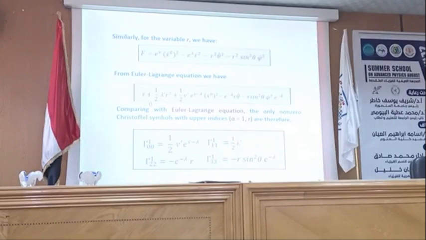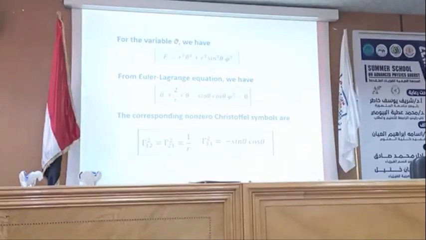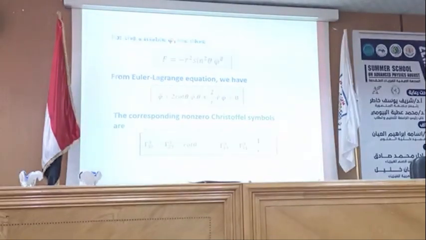Okay. So this is the way how I identify the Christoffel symbols. I can do the same for the theta, and I get this equation. Again, I compare this with the Lagrange equation, with the line element of Lagrange equation, and I will get these Christoffel symbols, etc. And this is for the phi, also I can identify the Christoffel symbols.